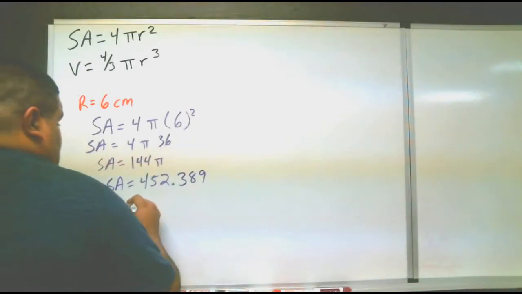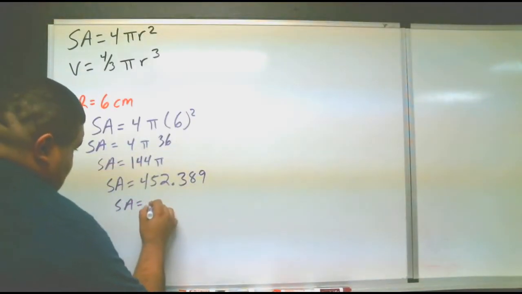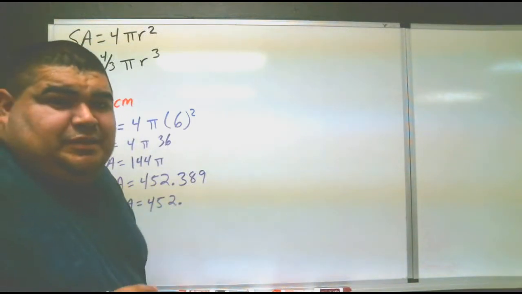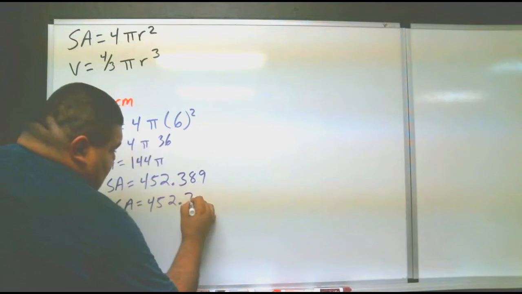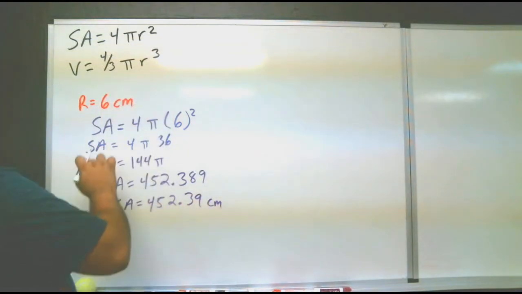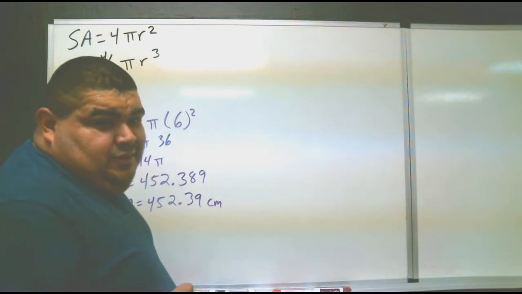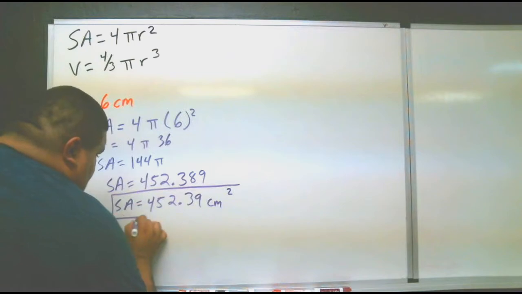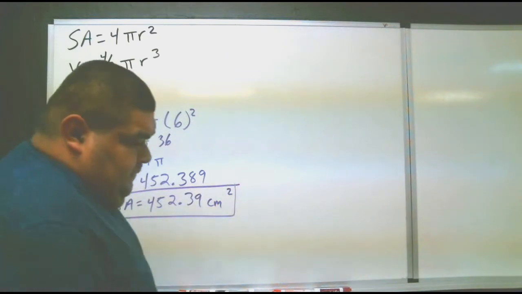So technically, the surface area equals 452, and we only go 2 decimal places, so 452.39 centimeters. Since we're dealing with surface area, remember, your answer is squared.